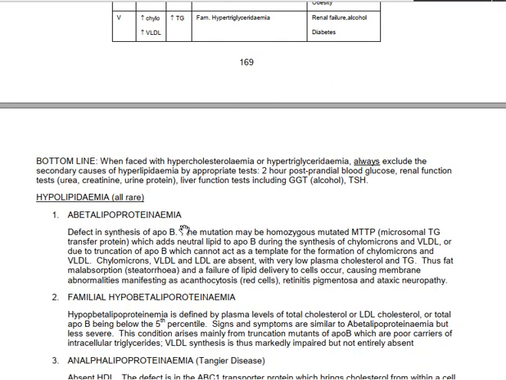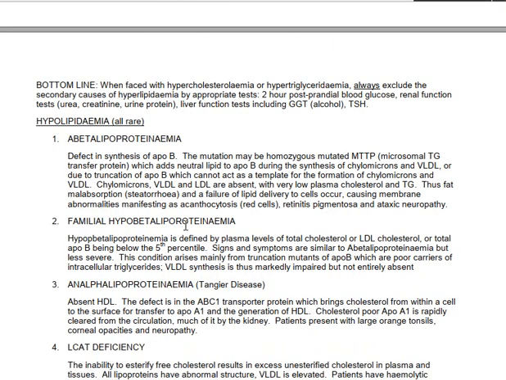So now the next one is hypolipidemia. The first case of hypolipidemia is abetalipoproteinemia. Is it clear? It's a defect in the synthesis of apolipoprotein B. So you are going to have a mutation, maybe a homozygous mutated MTP, that's microsomal triglyceride transfer protein.